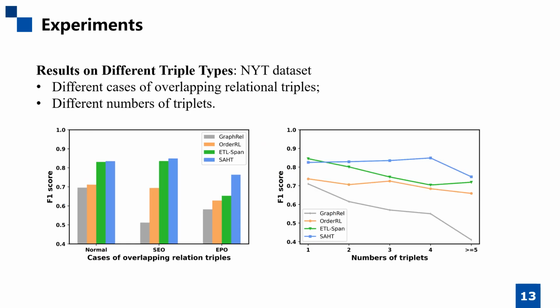To illustrate the extraction ability of our model, we conduct further experiments on the NYT dataset. Number one, different cases of overlapping relational triples. Number two, different numbers of triples. As shown in the figure, our model outperforms all other models.